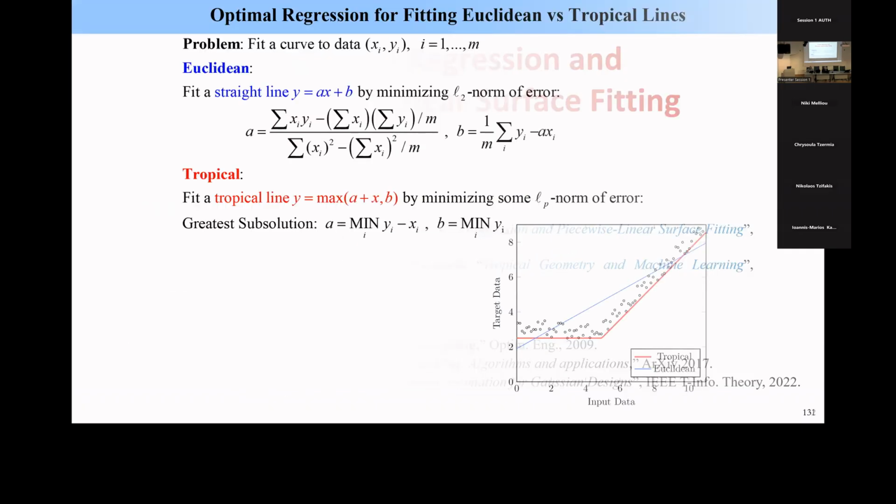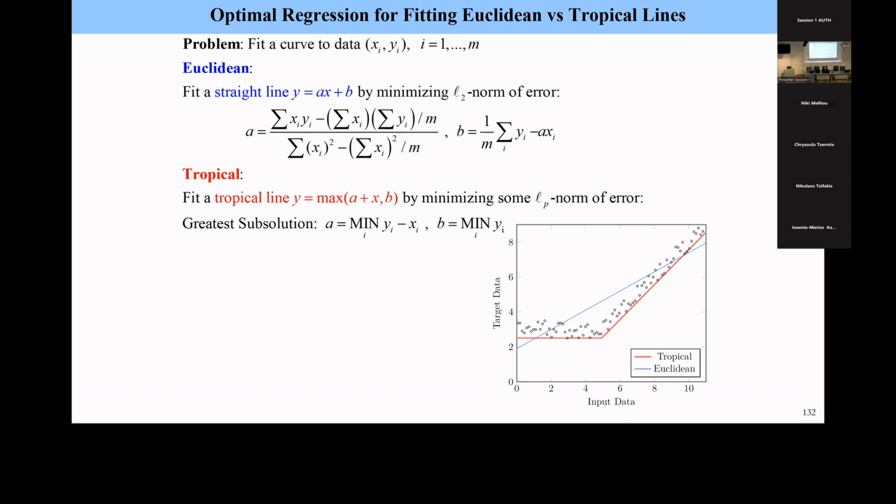Let me start with a well-known problem, how to fit a curve to data on the plane. We're given a number of data with coordinates x_i, y_i, and we want to perform an optimal regression, regress y on x.